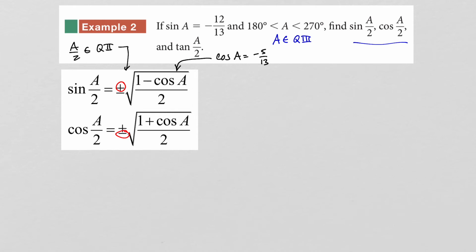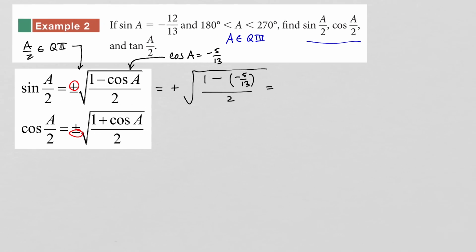And so now we can compute the sine of A over 2. We know that it is going to be positive square root 1 minus the cosine of A. The cosine of A is negative 5/13. So make sure you put in your double negative there and then divide it by 2.